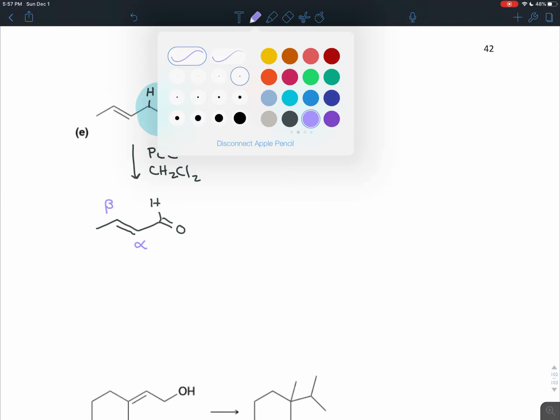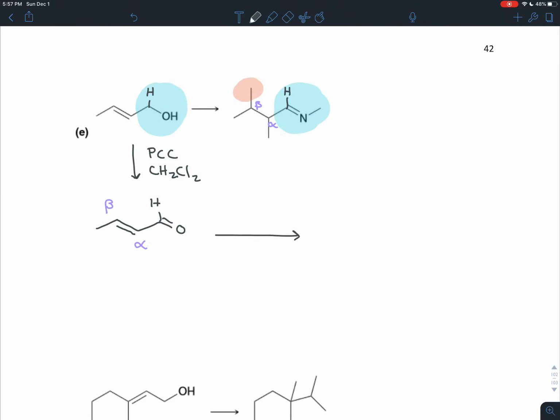So we can do that alpha-beta alkylation by first using a Gilman reagent. On the beta position, we have a methyl group, so that's what we put into our Gilman reagent. So a methyl group, we have dimethyl lithium cuprate. That weak carbon nucleophile will attack the electrophilic beta carbon.